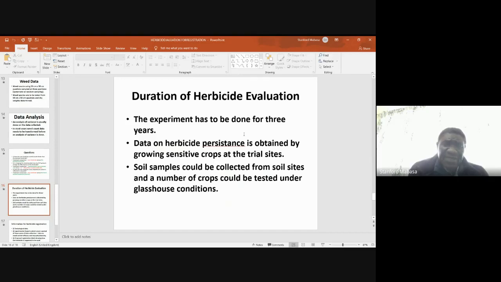In fact, for registration purposes, they want data which covers 3 years. So the data on herbicide persistence could be obtained by growing sensitive crops at the trial sites, or soil samples could be collected from the sites, and a number of crops could be tested under glasshouse conditions.